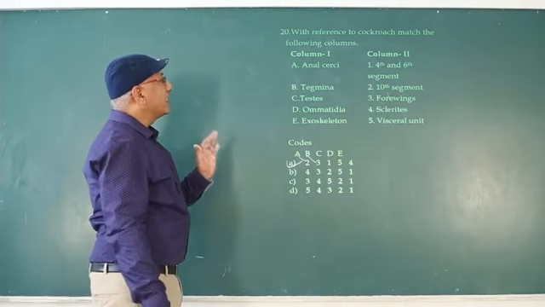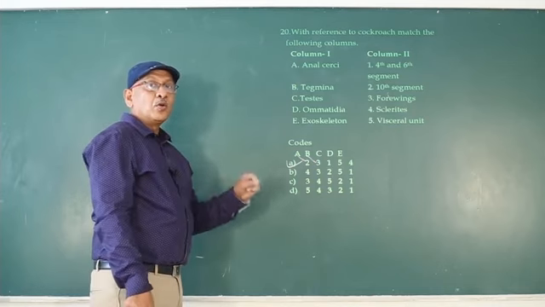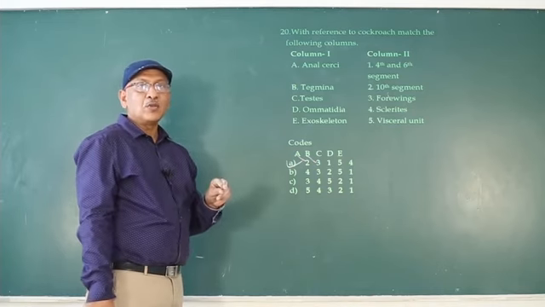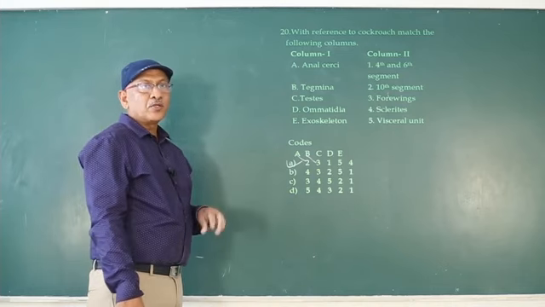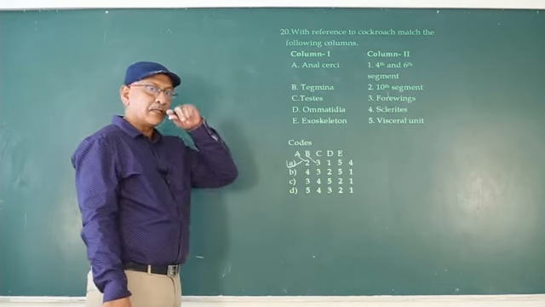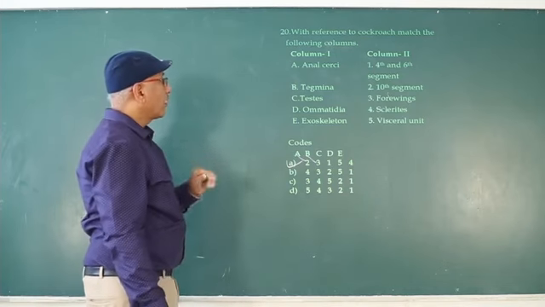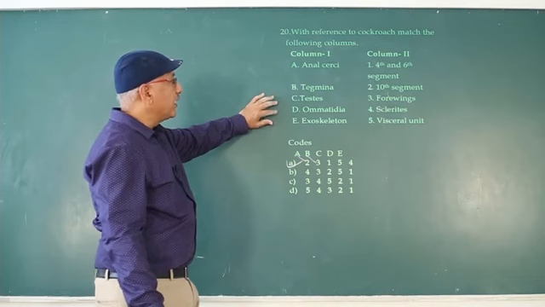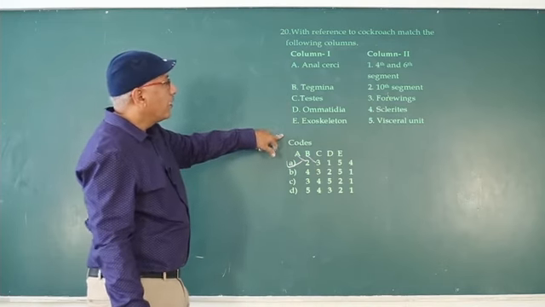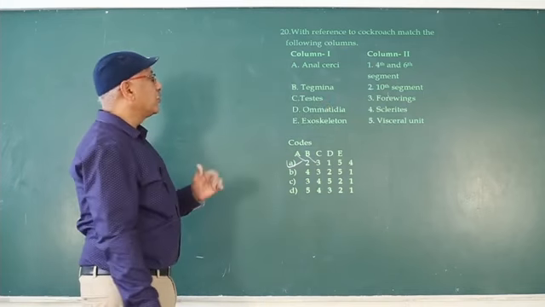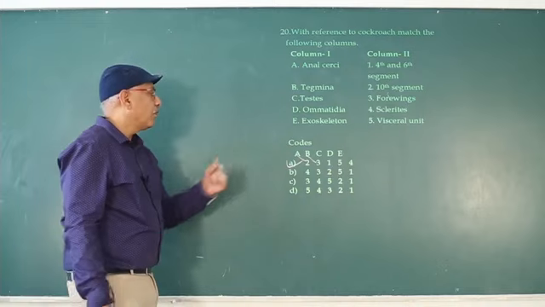In cockroach, testes are present from 4 to 6 segment. Ovaries are present from 2 to 6 segment. Mushroom gland is present in 6th segment. You should remember, spermatheca is also present in 6th segment. Next one is ommatidia, visual unit. Exoskeleton is in the form of sclerites. So that's why first option.